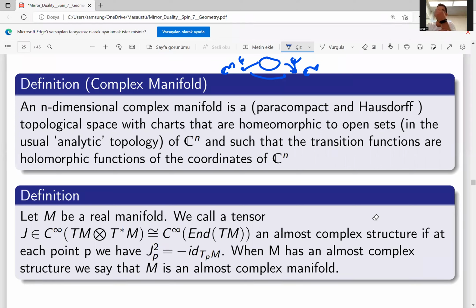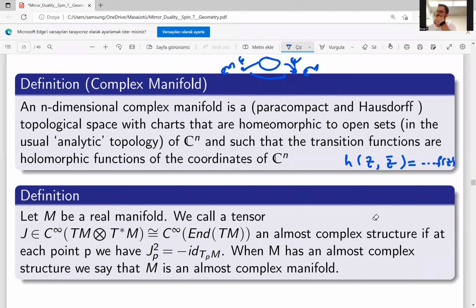What does this mean? Holomorphic means you have to translate all information to z and z bar. x and y turn out to be z and z bar, but in the holomorphic case, everything is a function of z.